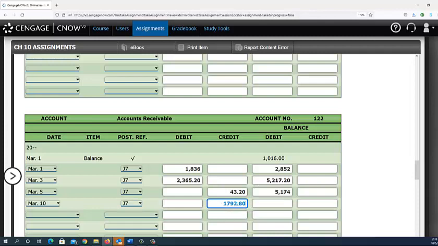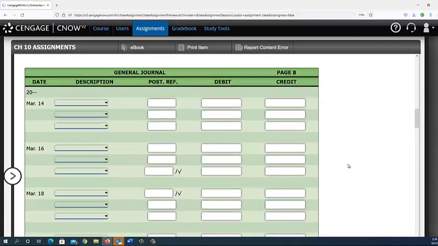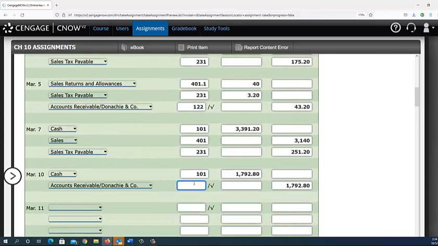Okay, so we have a debit and a credit. $1,844.54 minus $1,792.80 is $51.74. Okay, we'll put in our posting reference, and then we're going to update Donacci's account.